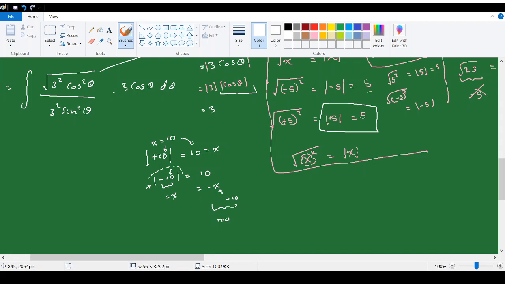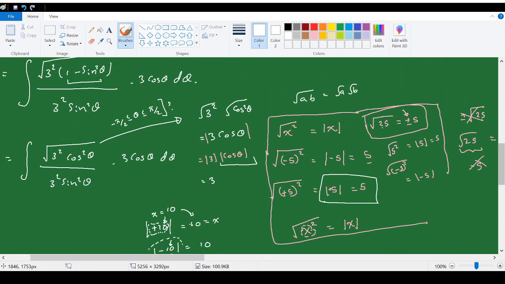And if the inside number is also positive, then we don't have to worry that much. You can just write the same number without the modulus, right? And in our problem, as we have the angle theta within this range, cosine theta will be positive in this range.